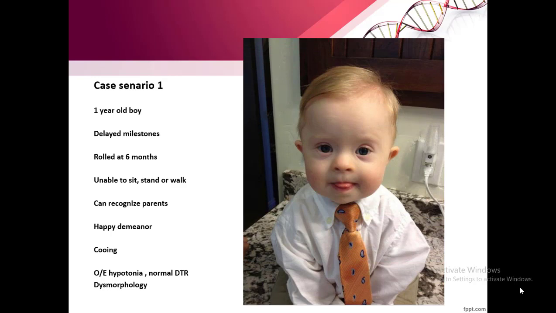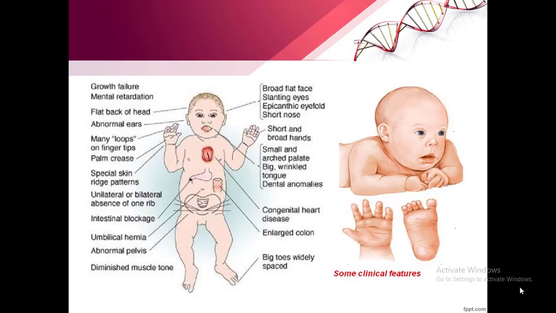And this is the phenotype of this child. This is the face of this child. Classically, everyone would say that this is the face of a Mongolian child. The child with Down syndrome has multiple malformations and dysmorphology.